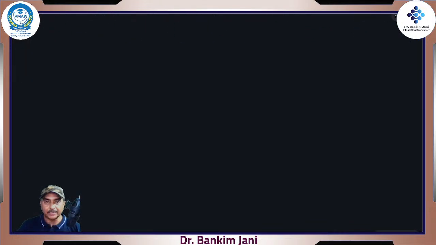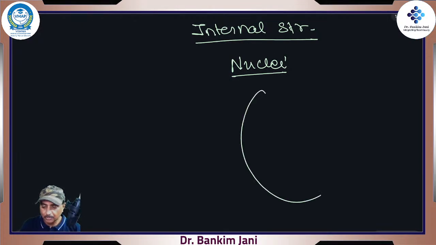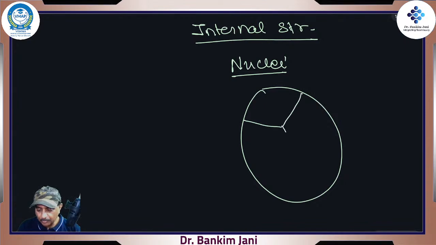So in the internal structure, the nuclei are divided into several groups. Why? There is one Y-shaped band, right?